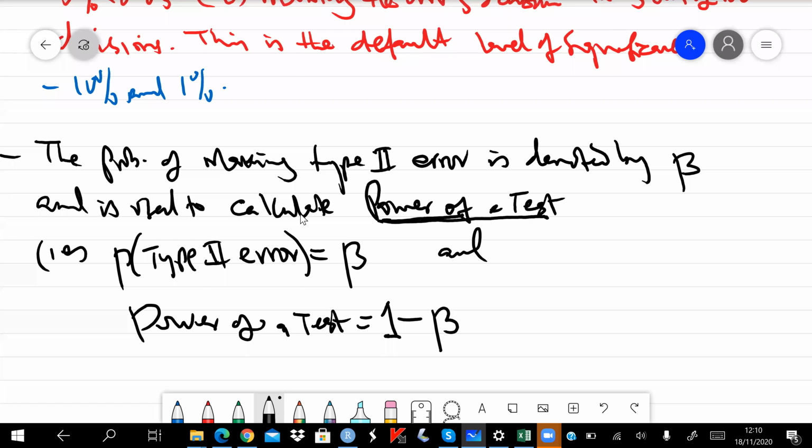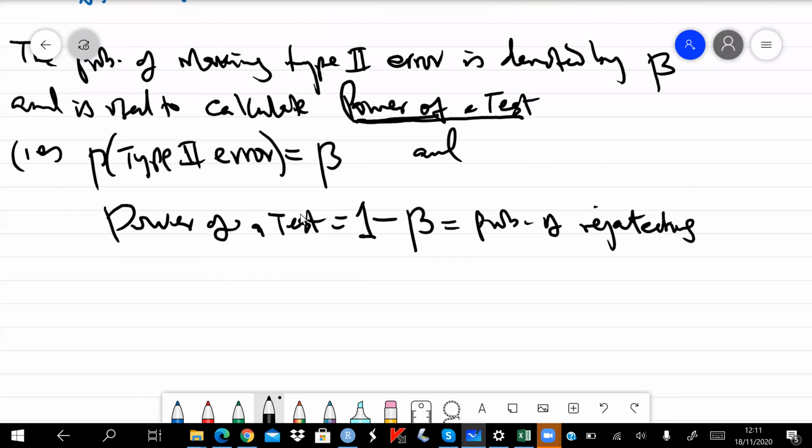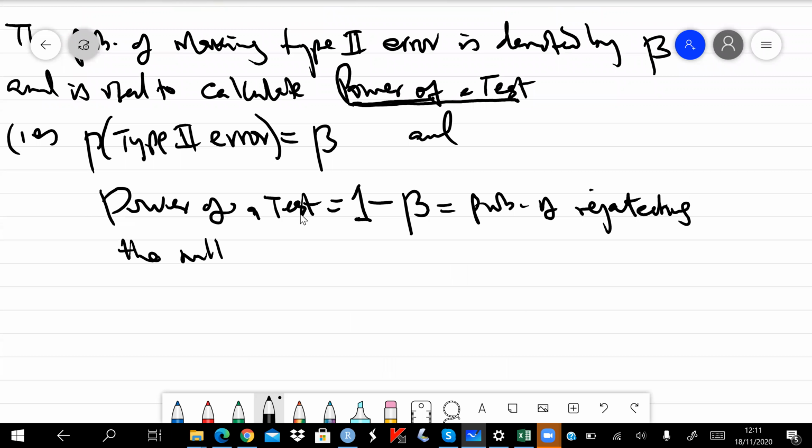This is the probability of rejecting the null hypothesis when it is actually false.